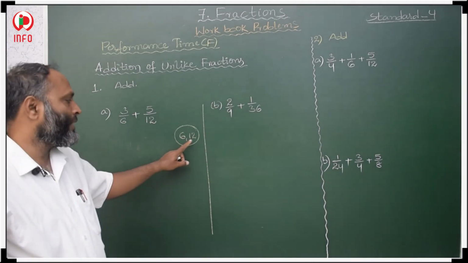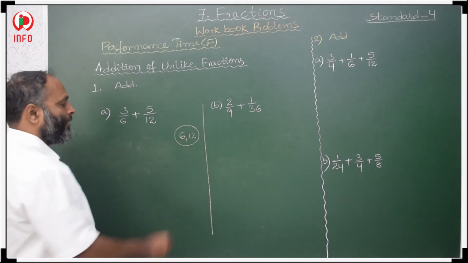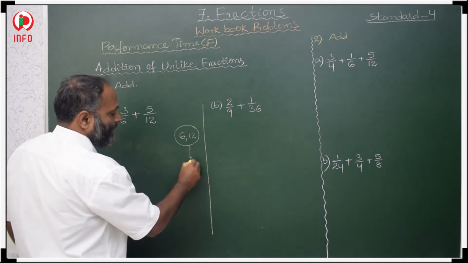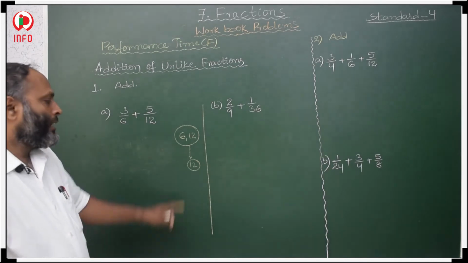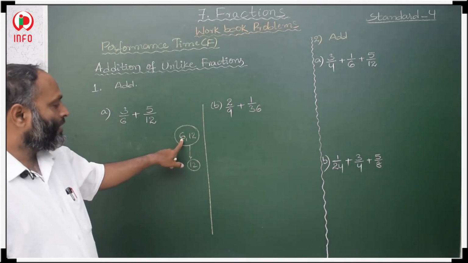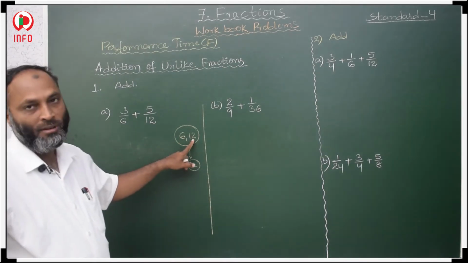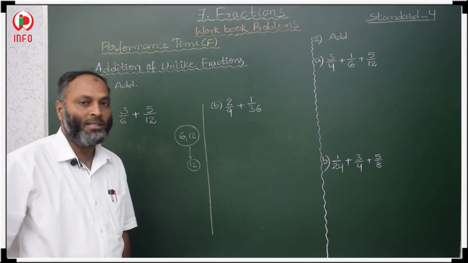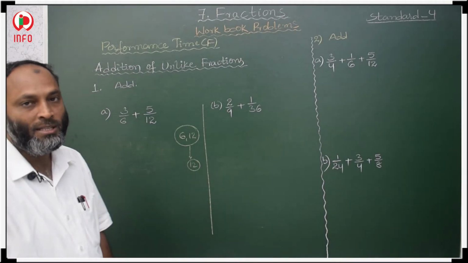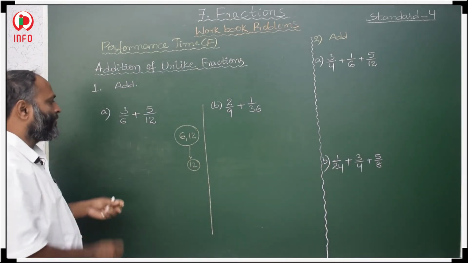If the smaller number is a factor of the bigger number, then the LCM of the two numbers is the largest one. 12 is the LCM.